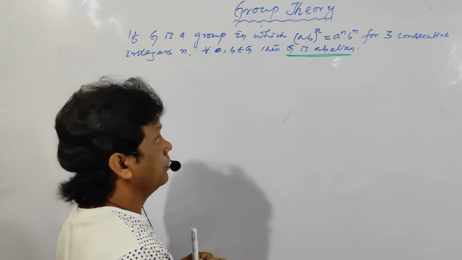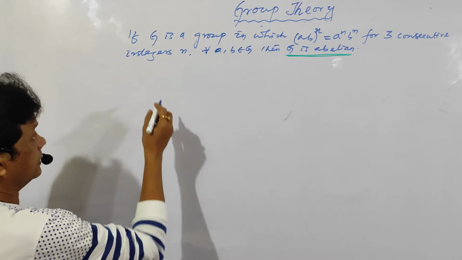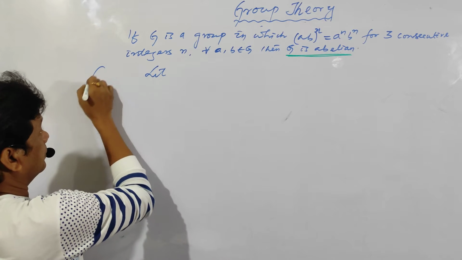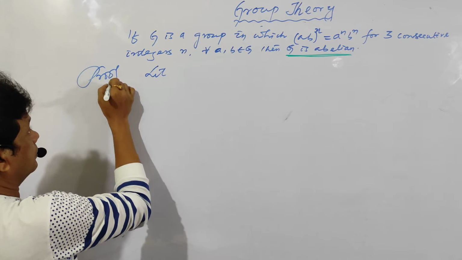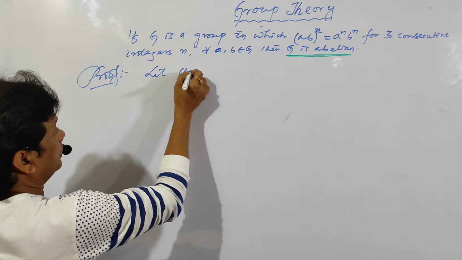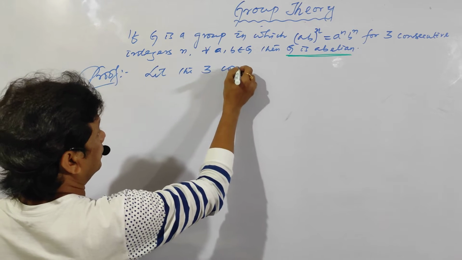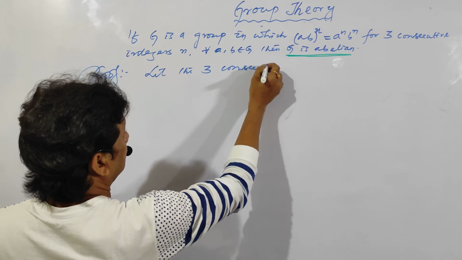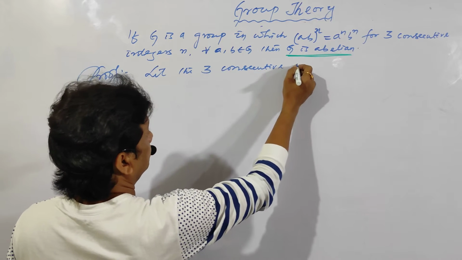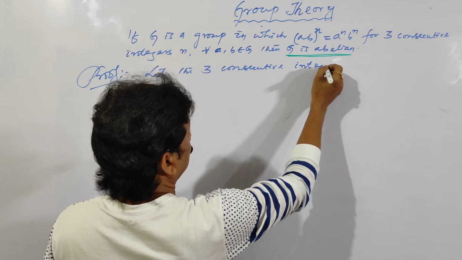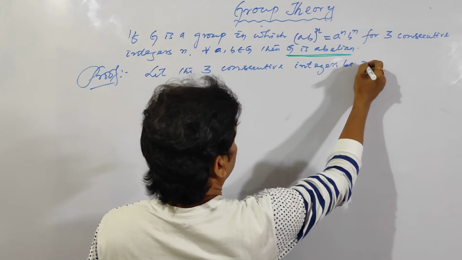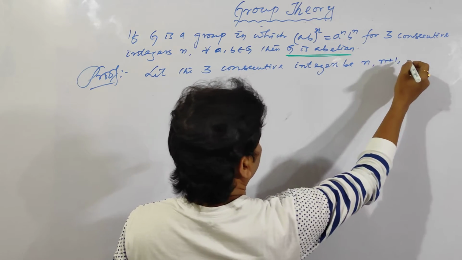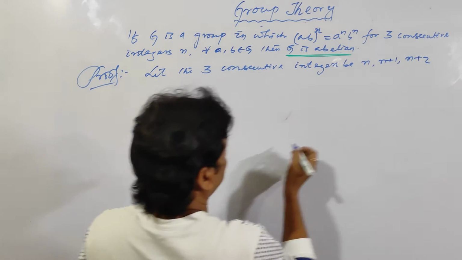So let the 3 consecutive integers be n, n plus 1, n plus 2.